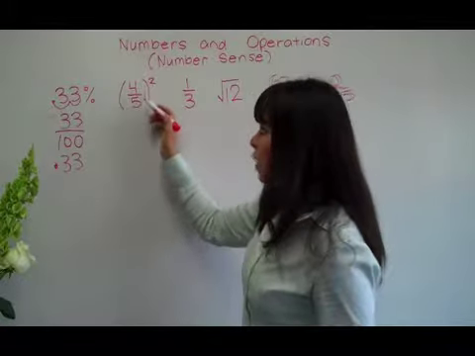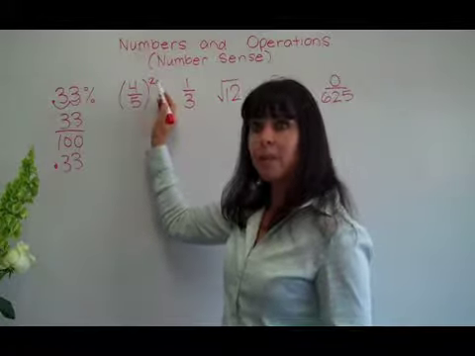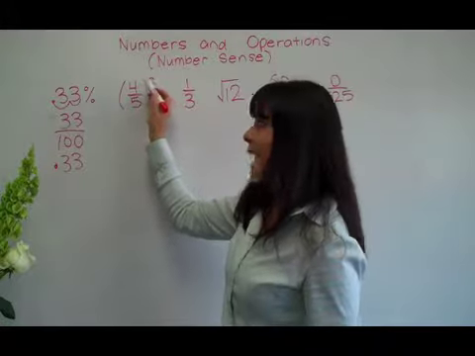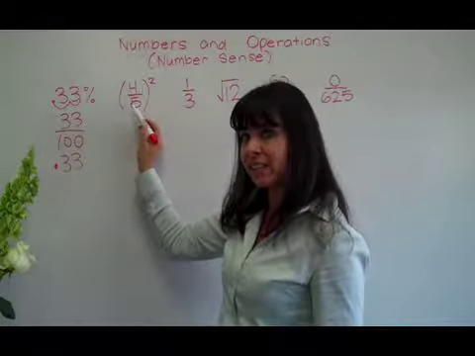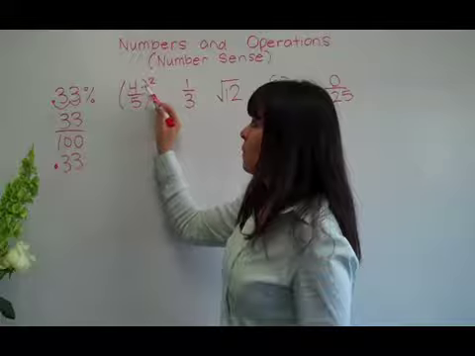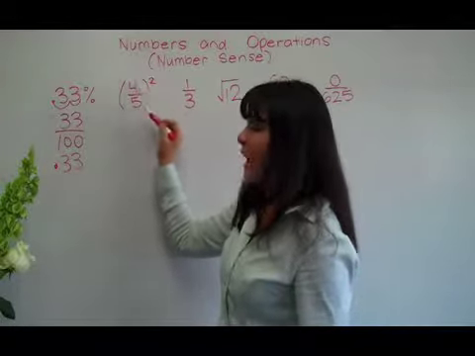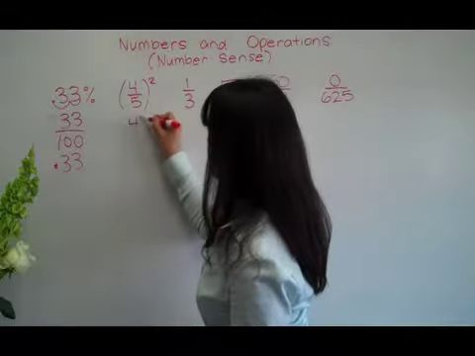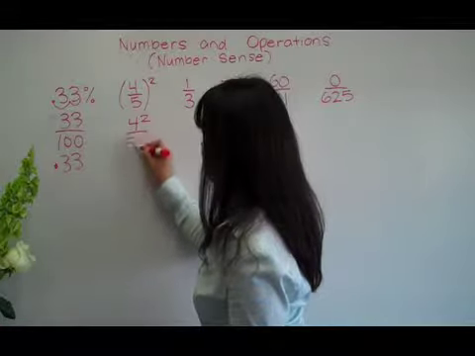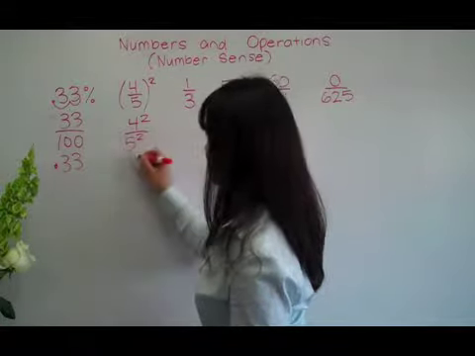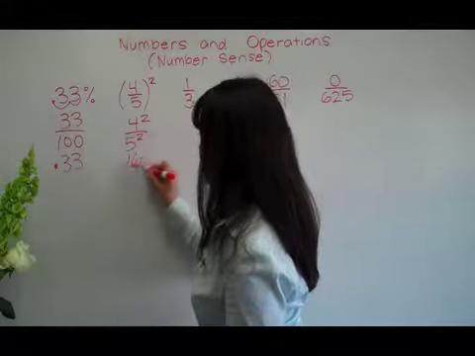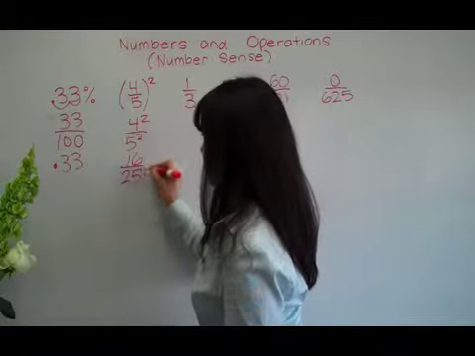So that should give us enough information to be able to put that in order. Moving on. 4/5 squared. Because the exponent is outside the parentheses, we need to square 4 and 5, the numerator and the denominator. So 4 squared over 5 squared is the same thing as 16 over 25.